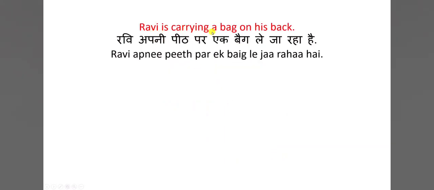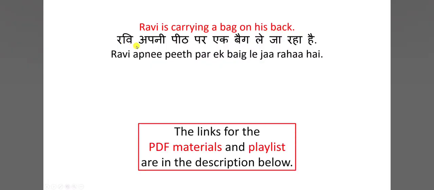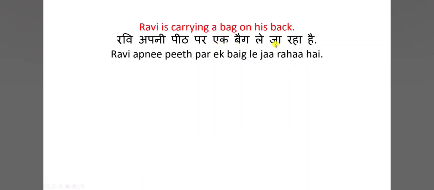Ravi is carrying a bag on his back. रवि अपनी पीठ पर एक बैग ले जा रहा है. रवि is Ravi. अपनी is his. पीठ is back. अपनी is a reflexive possessive.